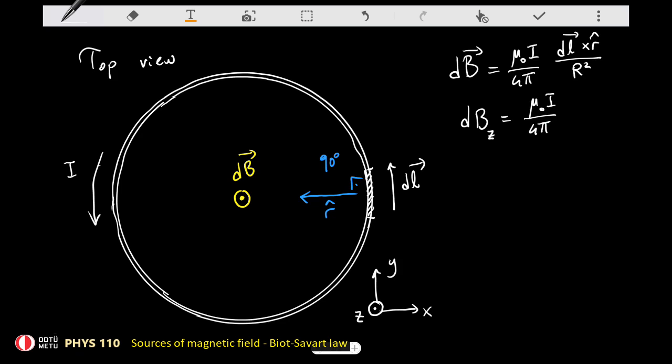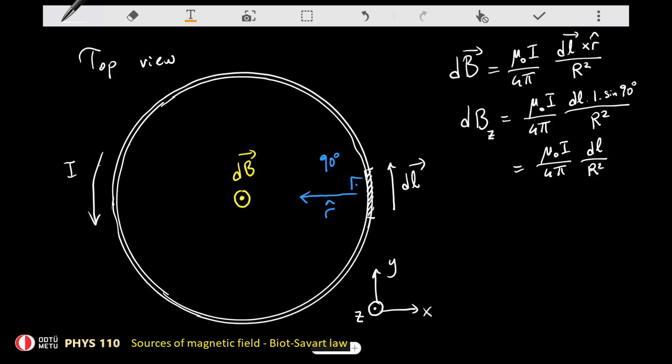So this is equal to dl multiplied with 1 multiplied with the sine of 90 degrees and divided by r squared, right? That's the expression. Sine of 90 degrees is 1. So we get this expression, mu 0 I divided by 4 pi, dl divided by r squared.